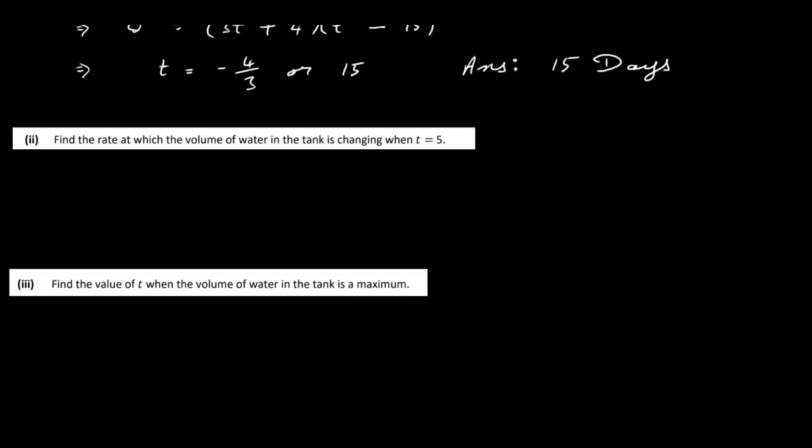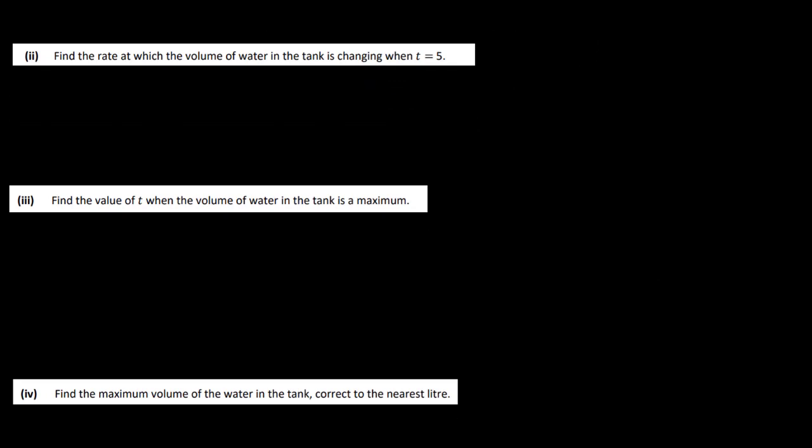Okay, so let's have a look at the next one then, part 2. Find the rate at which the volume of water in the tank is changing when t is equal to 5. The rate at which the volume of water in the tank is changing, that's just differentiation.